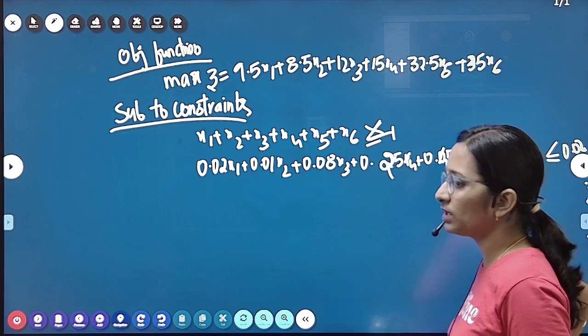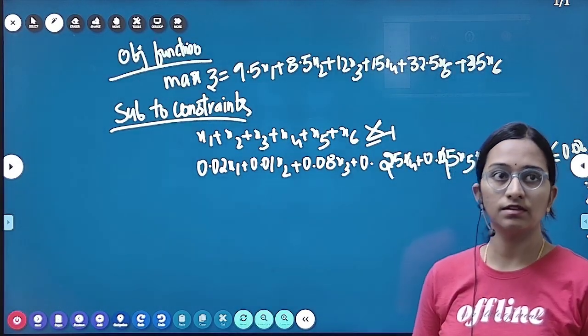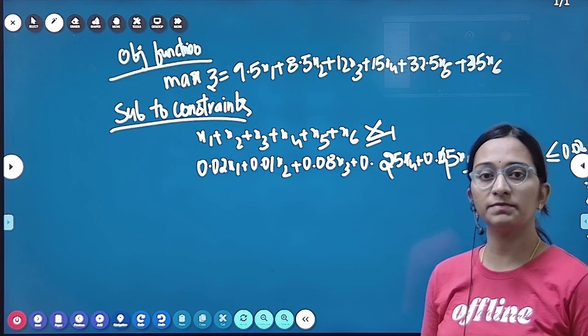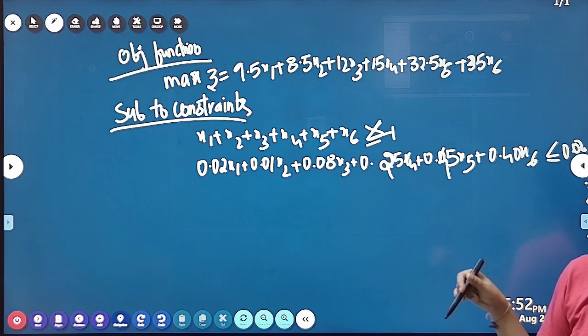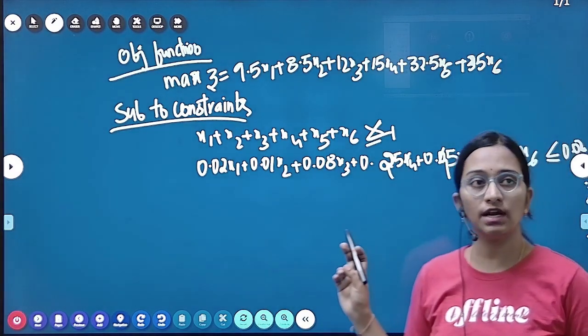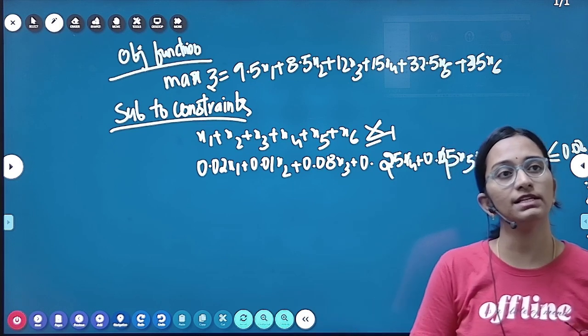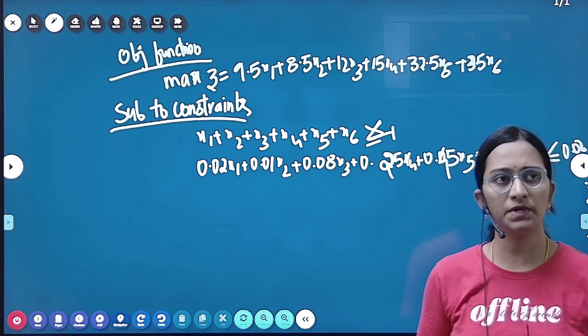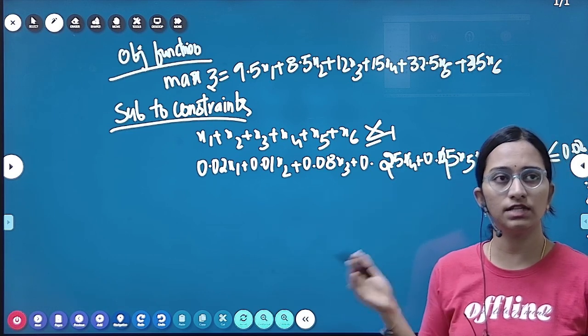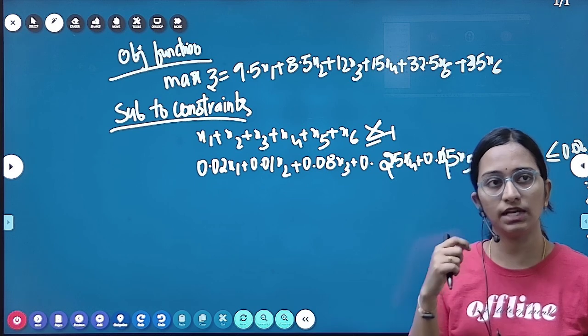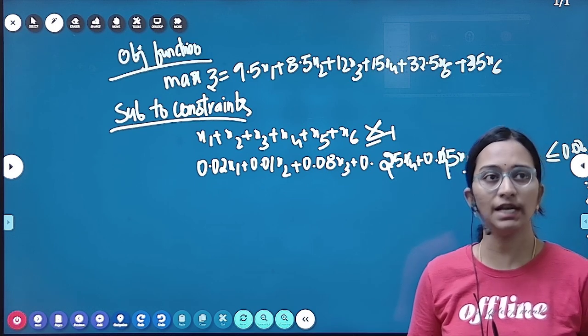It cannot be more than 100%, right? So the total investments in the mutual funds regarding all those 6 cannot be more than 100%. So it should be less than that one, 100%, or it may be 1 unit or 100 units. Let us take 1 unit or 100 units. It cannot be more than that, so it should be less than.